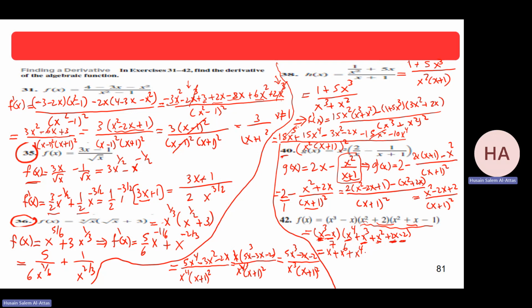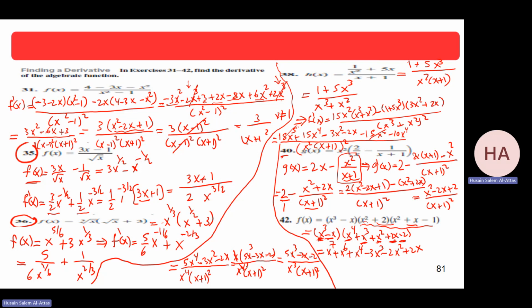That will give me x cubed. So I have minus 3x cubed. Okay, what will give me x squared? Only minus x times 2x, which is minus 2x squared. And the last one plus 2x.